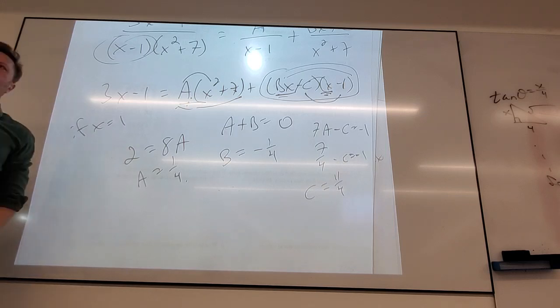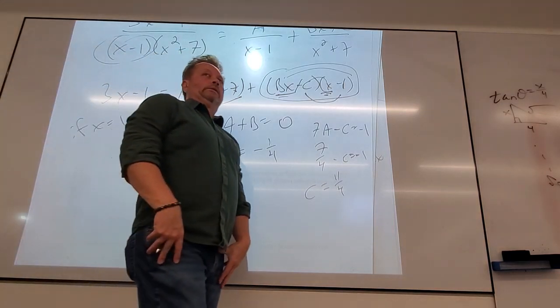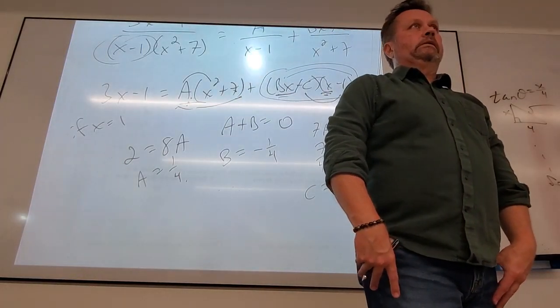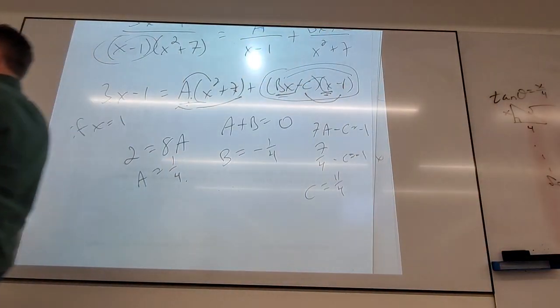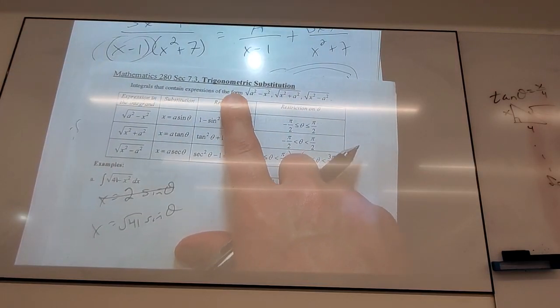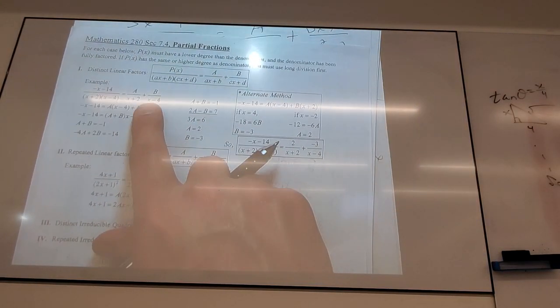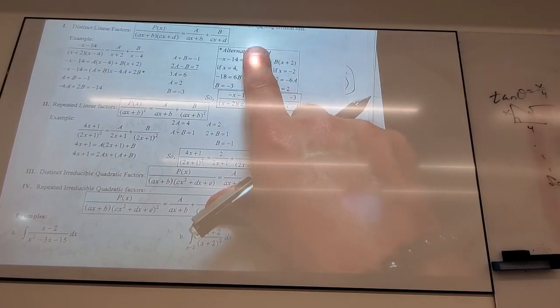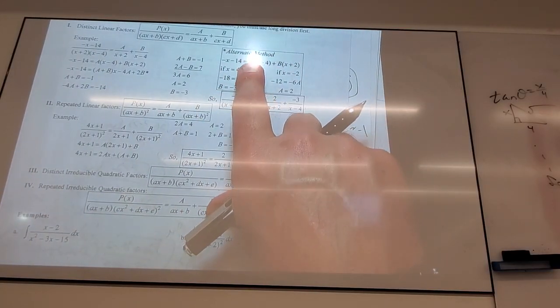Okay. So just to point out, on the reverse side of this one, I've got explanations and examples of all the different situations that could happen. I even have one example of the alternative method.